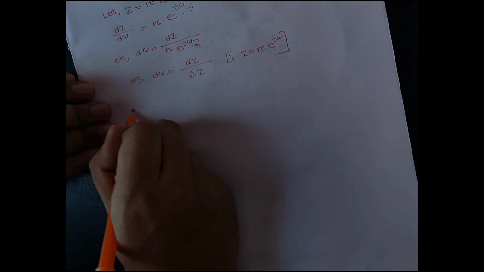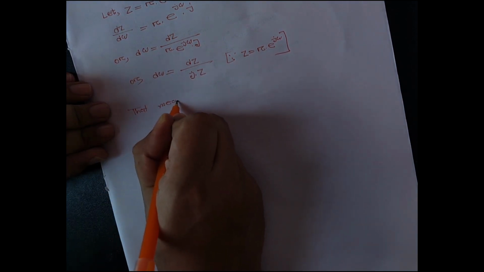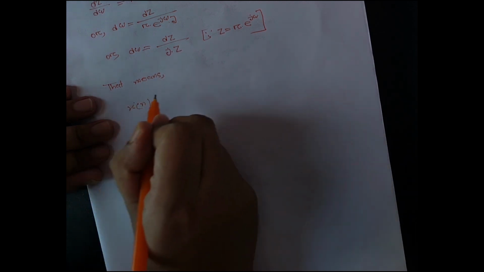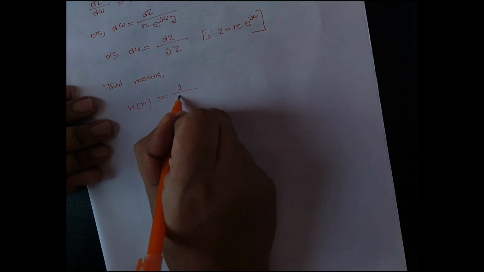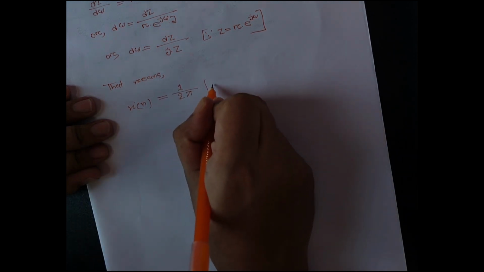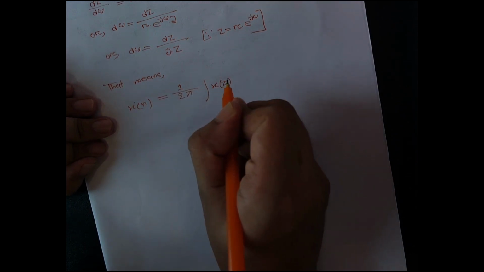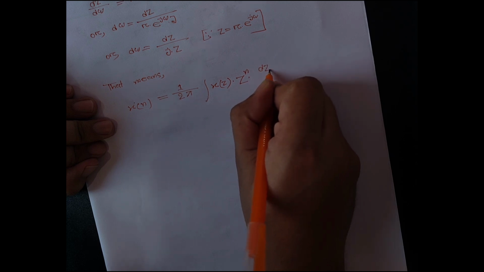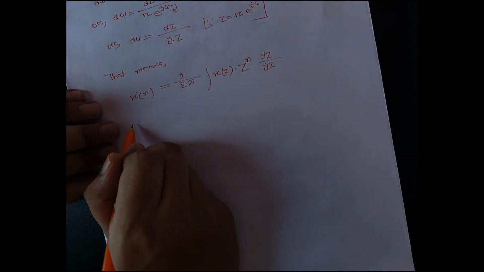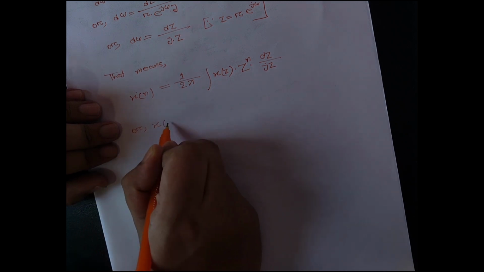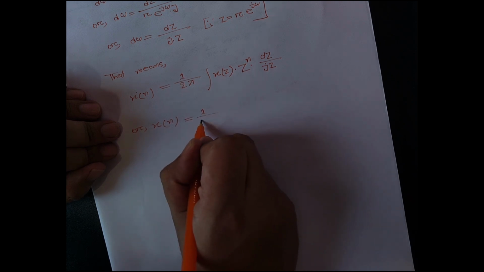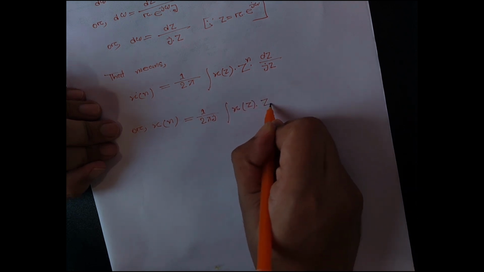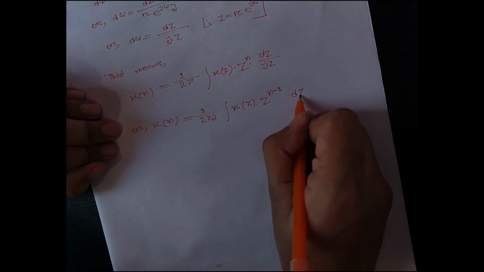That means x of n equal to 1 by 2 pi integration of X of z into z to the power n, dz by j z, or x of n equal to 1 by 2 pi j into integration of X of z into z to the power n minus 1 into dz.